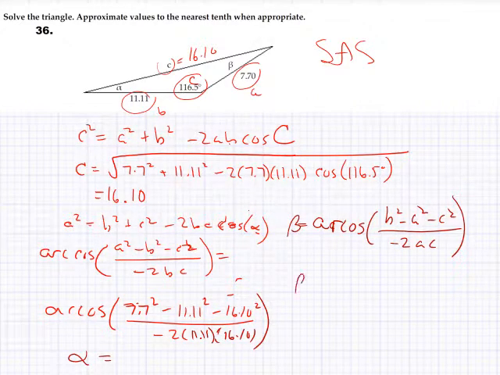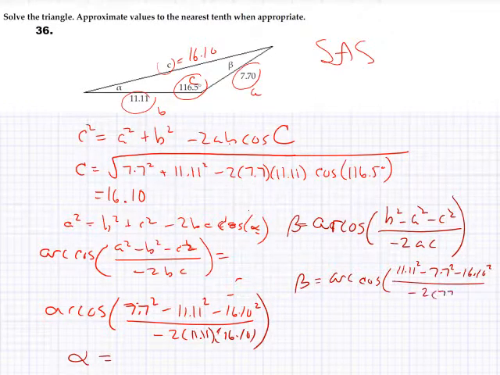So here we would say beta equals the arc cosine of 11.11 squared minus 7.7 squared minus 16.10 squared over negative 2 times 7.7 times 16.10. And so beta would equal our calculations there.